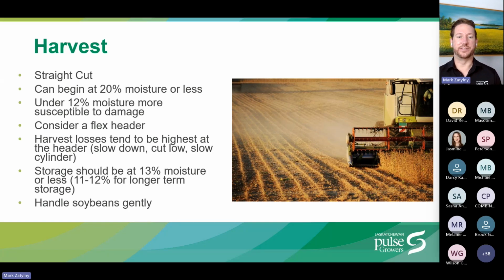That comes down to harvest as well, where grading can be degraded just based on what the seeds are looking like as you're able to take them up. But other than that, pretty straightforward.